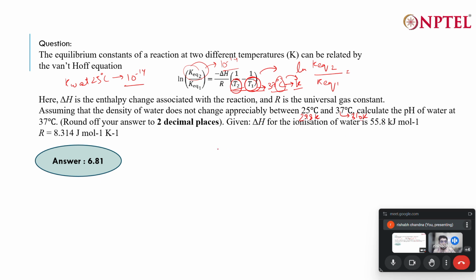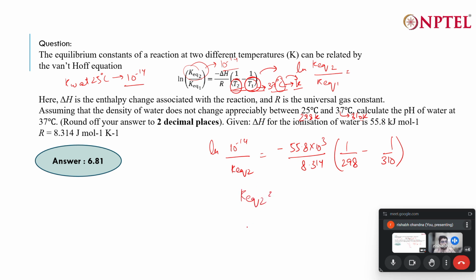Now equating all the values, on solving this we would get the K equilibrium value at 37, and from that we'll calculate the pH of water at 37 degrees Celsius.